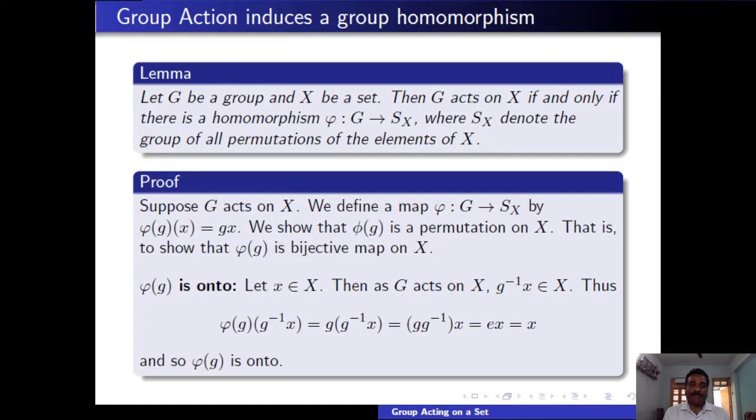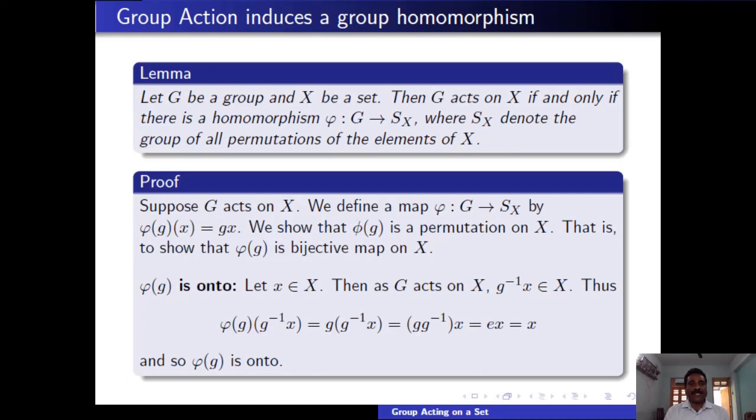Since phi of g is a map from X to X, we take some x belonging to the codomain X. We want to find a pre-image of x in the domain X. Since G acts on X and g inverse belongs to G, we get g inverse x belongs to X. Therefore, by definition of phi of g, phi of g of g inverse x is equal to g into g inverse x, which is equal to g g inverse into x by the property of the group action, which is same as e x, which is equal to x.